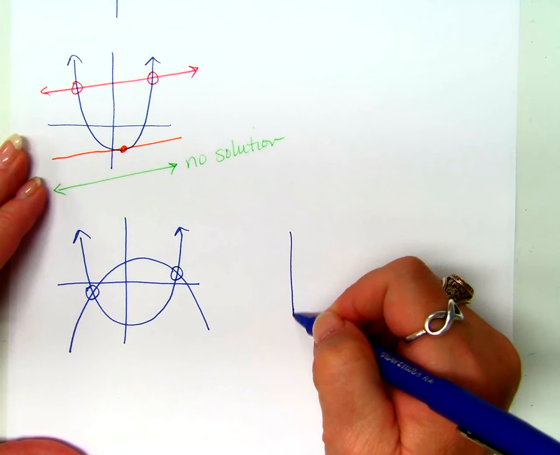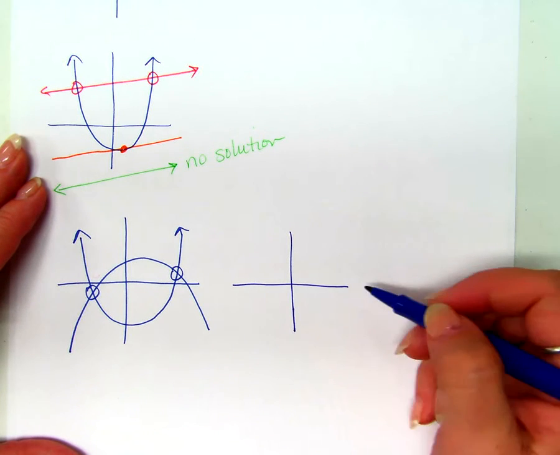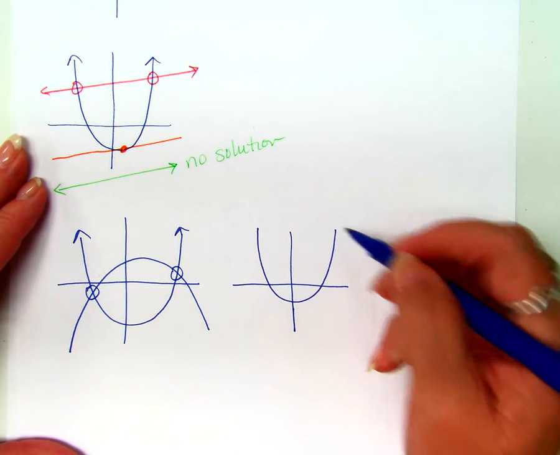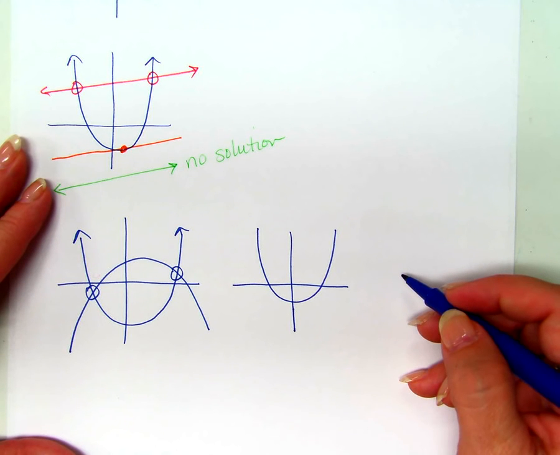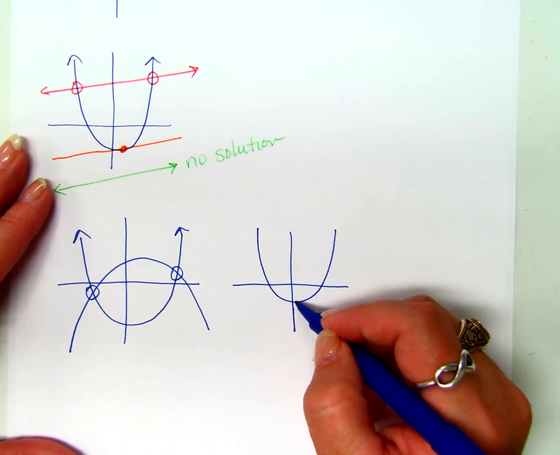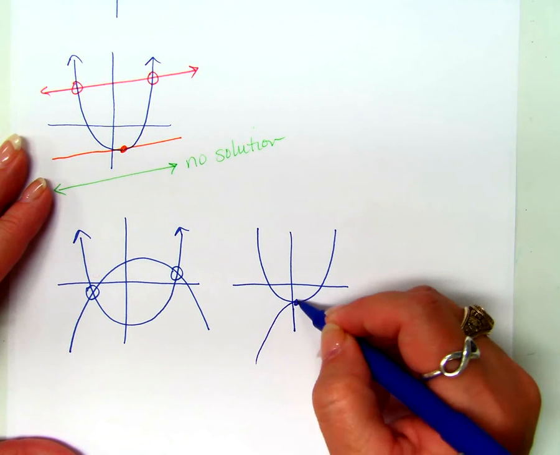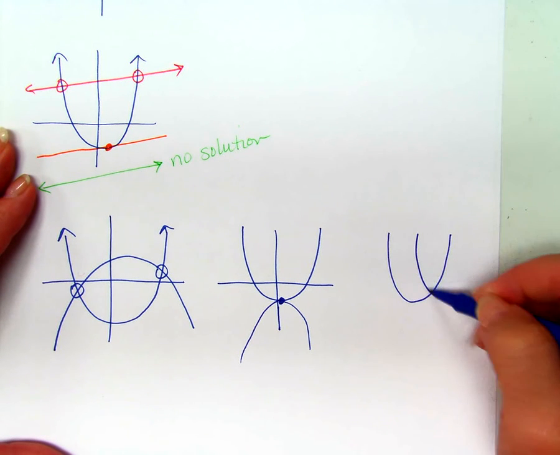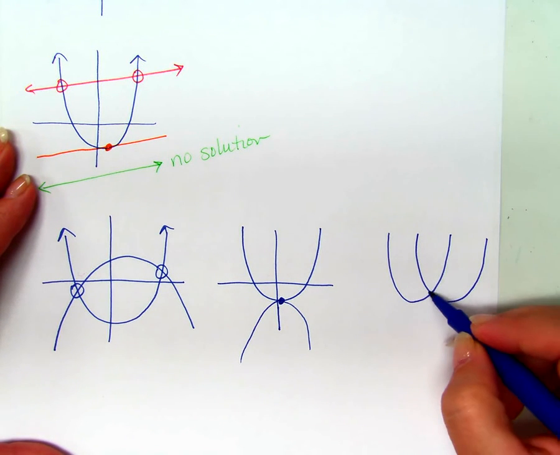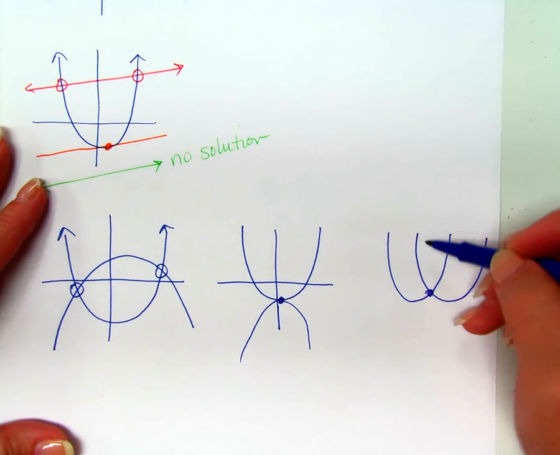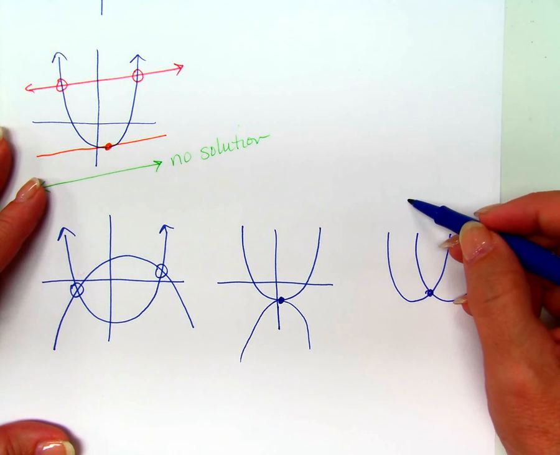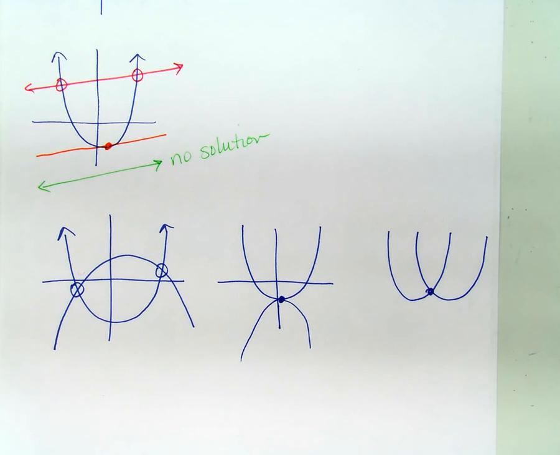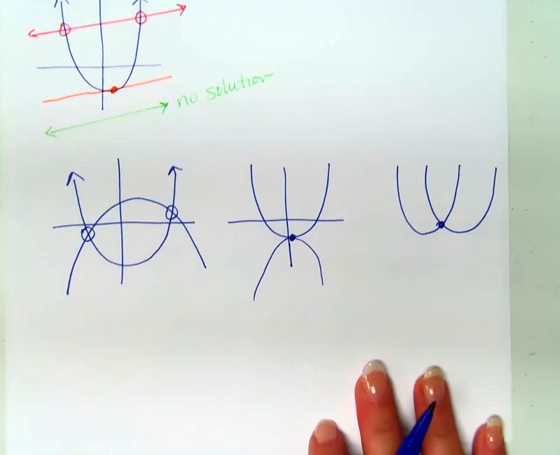What else could I have? 1 solution. So how could I get 1 solution? Okay, so it touches right here at the vertex. Or that's right, if there was 1 here and 1 here, right? There's still only 1 solution right there. These aren't going to curve back on each other and touch each other again, are they? Okay, what else could happen?